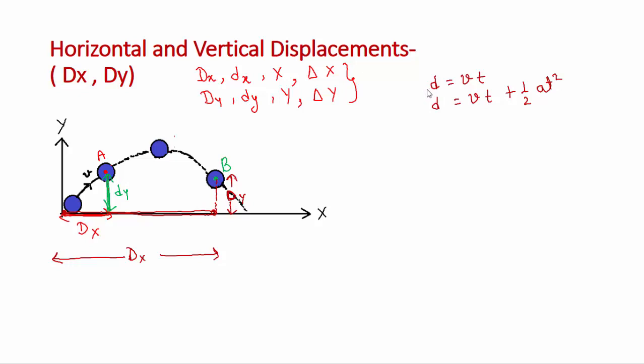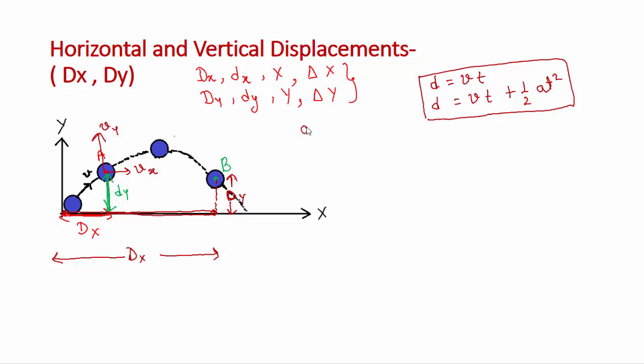So this equation is for non-accelerated motion and this equation is for accelerated motion. We are going to use these two kinematic equations to find dx and dy. Horizontal displacements are traveled with velocity Vx, which means the horizontal component of the velocity. And vertical displacements are traveled by the vertical component of velocity, which is Vy.